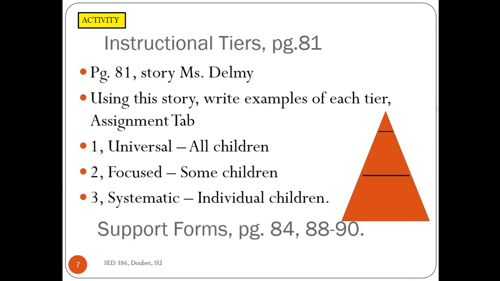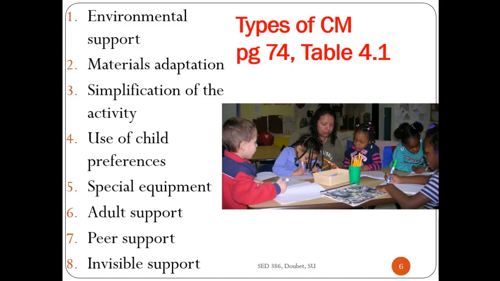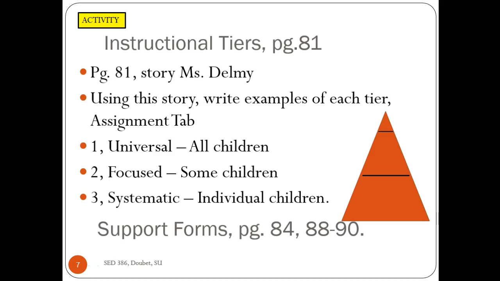The next slide, which is slide 7, also has an activity connected to it. There are actually 2 activities connected with this slide. You have a story about Miss Delmy's classroom, and you have several questions to answer. That's actually question number 3 about her classroom and the examples given here.